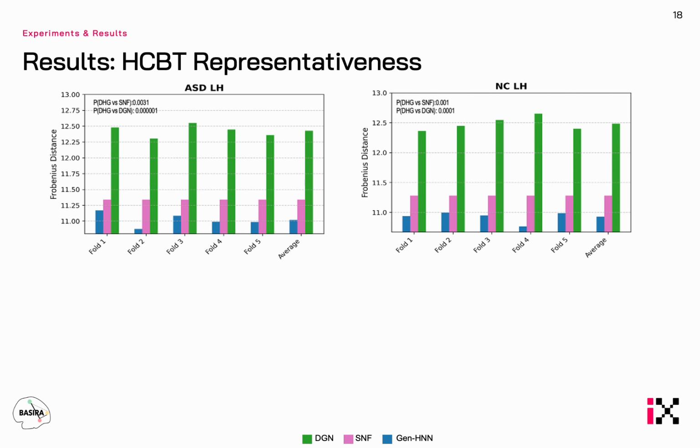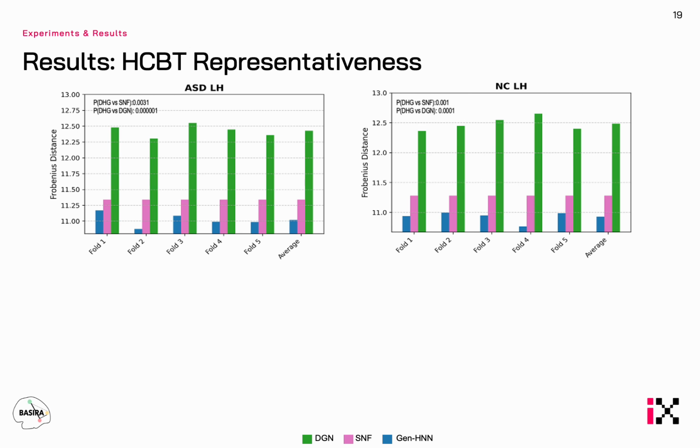The results of our model, shown in blue, show the significant outperformance of our model compared to DGN and SNF, where it achieves the smallest distances. This shows its capability to represent the hypergraph structure.